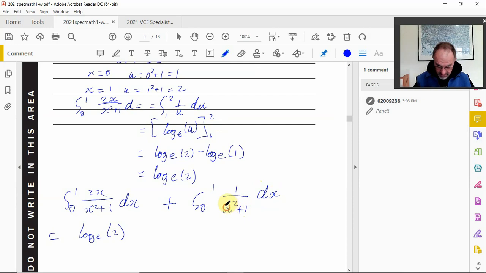Now if you have a look at your formula sheet on this one, you should see the arctan, or the inverse tan, and you'll see that this here, in fact, is tan minus 1 of x between 0 and 1.